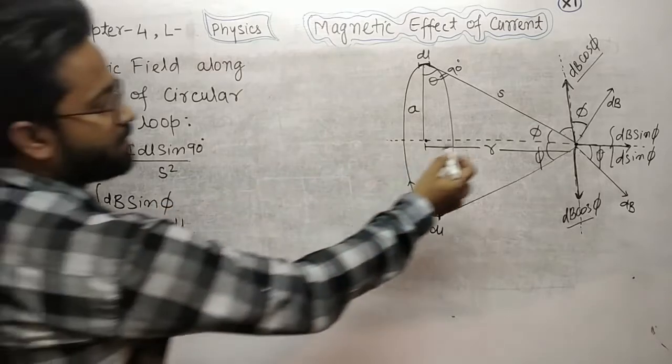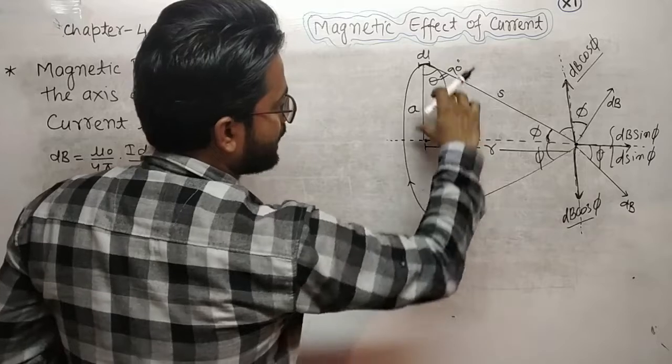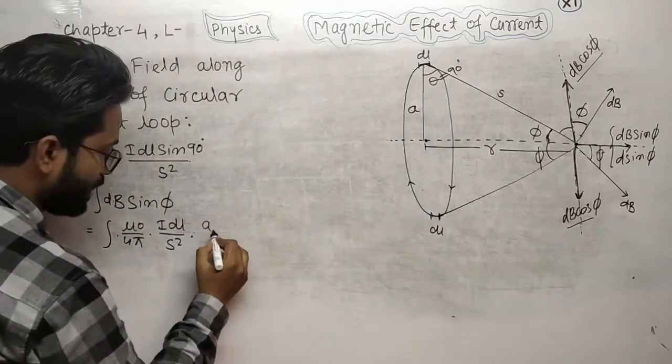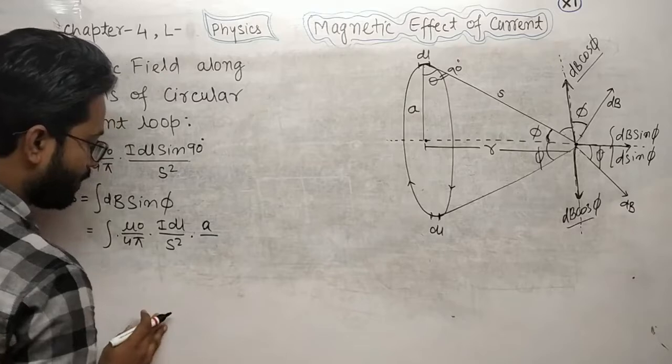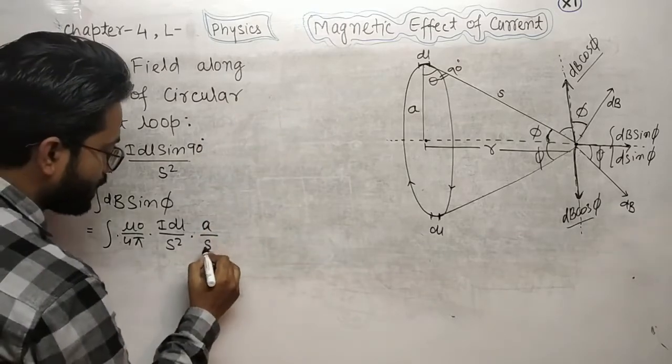In place of sin phi we take perpendicular upon hypotenuse, that is a upon s.